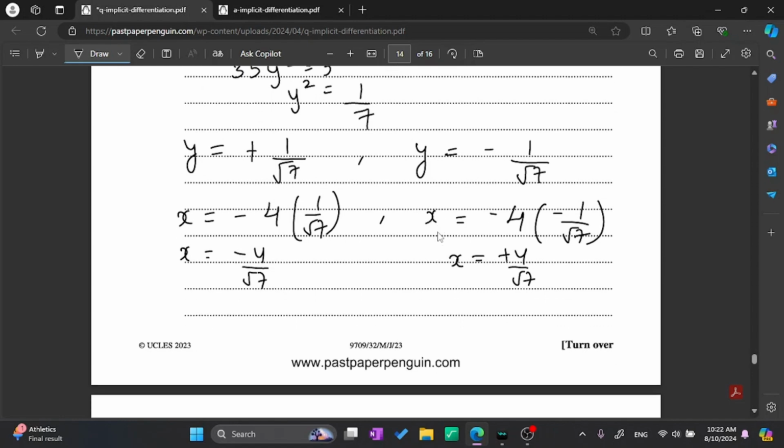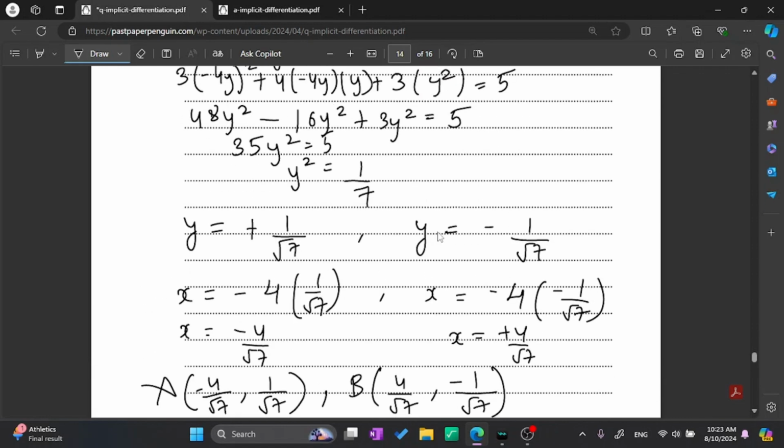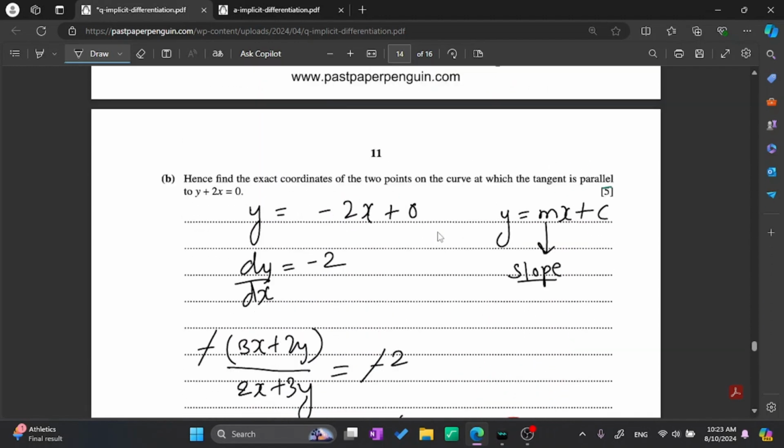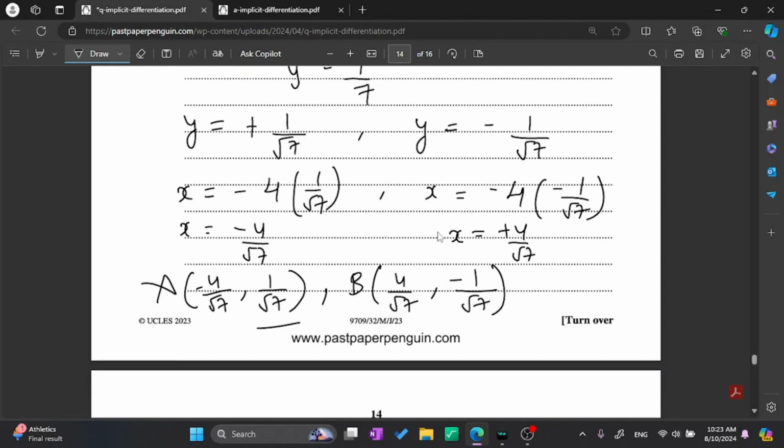So hence the two coordinates are minus 4 over root 7 comma 1 over root 7. Let's name this as A or any other variable, and the next coordinate is 4 over root 7 comma minus 1 over root 7. This is the answer to part B of this question, where we were asked to find the exact coordinates of 2 points on the curve.